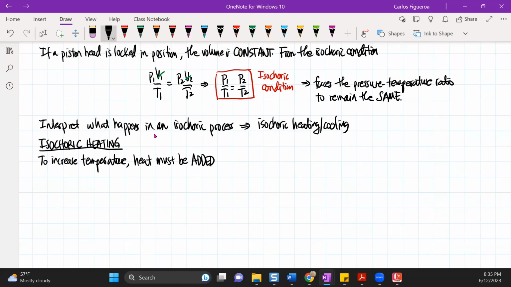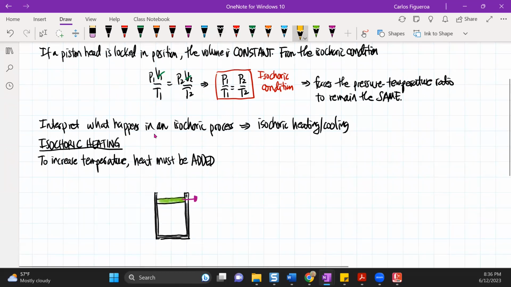So how do I set this up? So let's draw a piston. So here's our piston. And what we want to do here is that we want to take our piston head and we want to lock it in place to make it isochoric. So again, these are the walls of the piston.